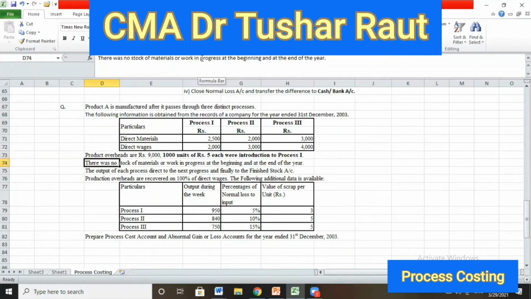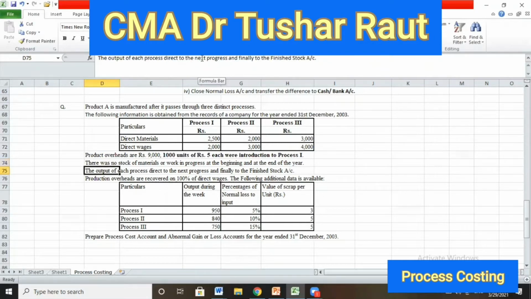There was no stock of materials or work in progress at the beginning and at the end of the year. This is very common, because at the undergraduate level, in TY BCom, we are solving the easiest problems in process costing. Work in progress and other things come under the master's level, so we are going to ignore this part.